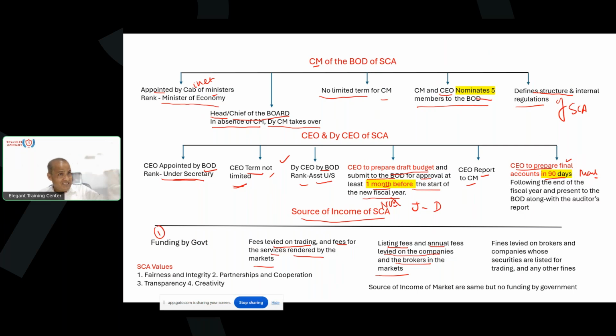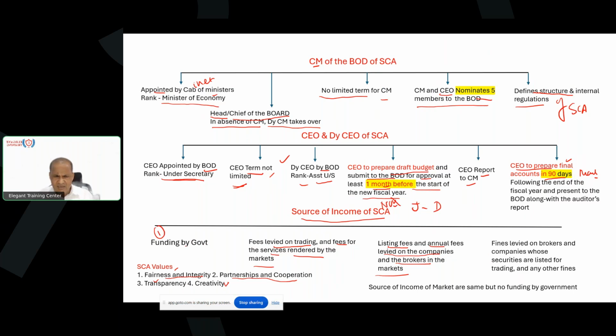They get license fees from the brokers, from the markets, listing fees also. If tomorrow one company is getting listed, they have to pay listing fees, annual listing fees. That also a portion goes to SCA. Clear? SCA values fairness and integrity, partnership and cooperation, transparency and creativity.